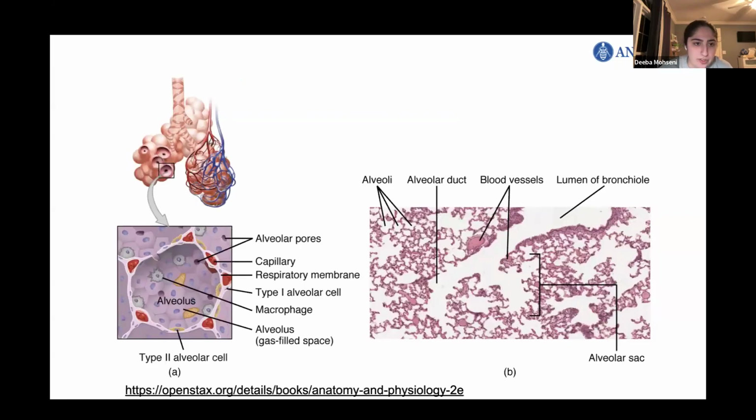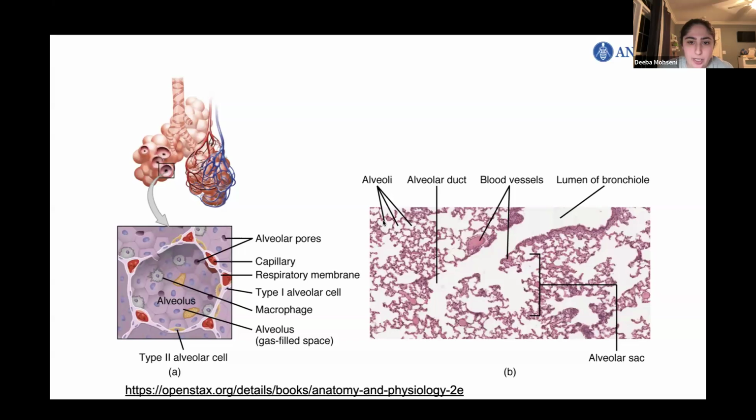So let's go over the type 2 pneumocytes. Starting very broadly, I always like looking at these cartoony pictures because it gives me a better sense of what I'm supposed to be seeing. Because when I look at the histology slide, I don't actually see anything. So this little cartoony picture will help you get oriented. This is one alveolus that has been blown up a lot.